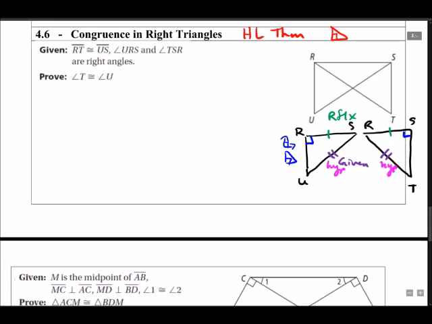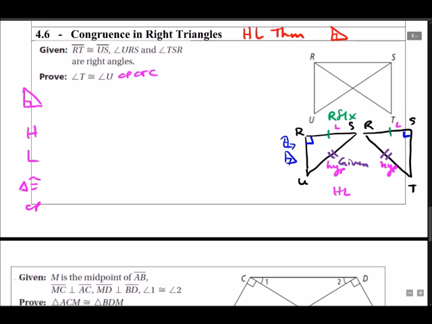And I see a leg here and a leg here and right angles. So I'm going to use the HL theorem, which means first thing I need to do is make a right triangle and then get a hypotenuse and a leg, and then I'm going to make my triangles congruent and then use my corresponding parts because this is CPCTC.